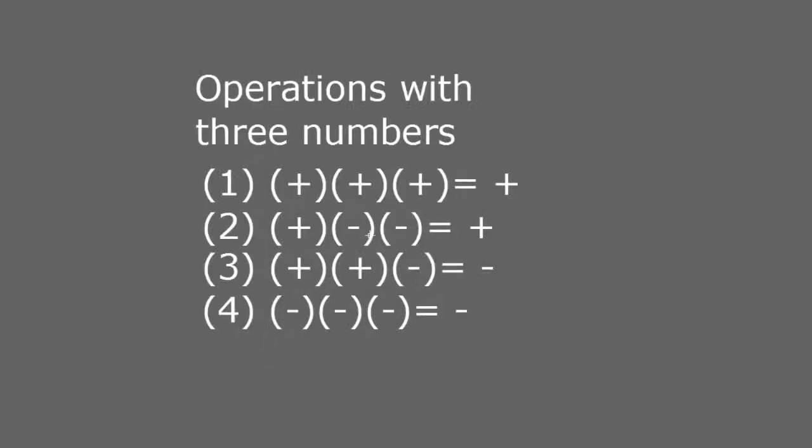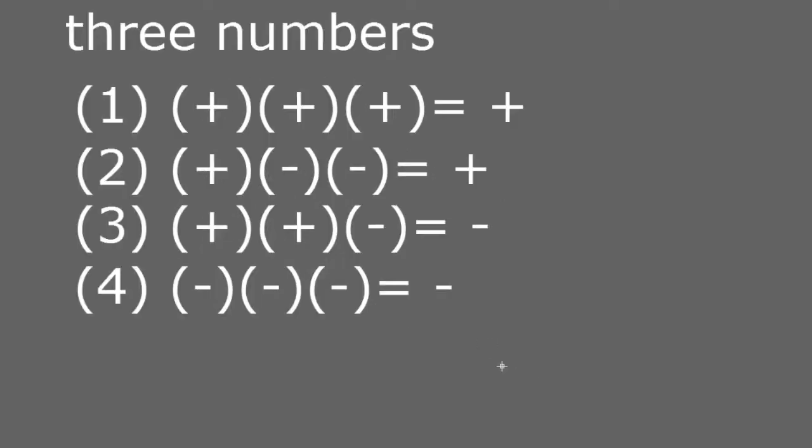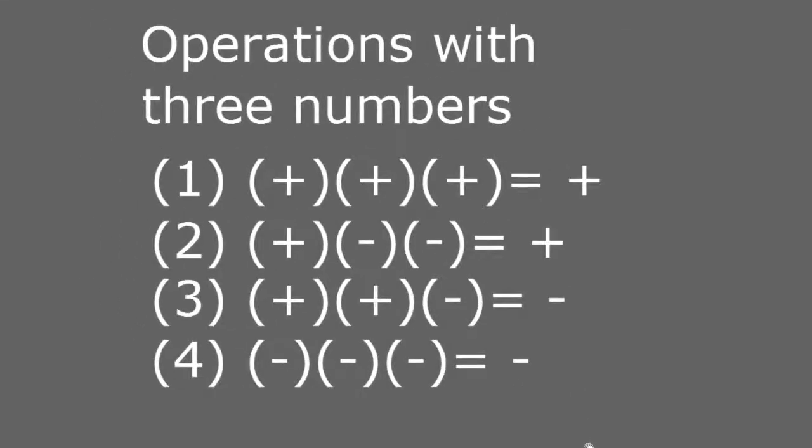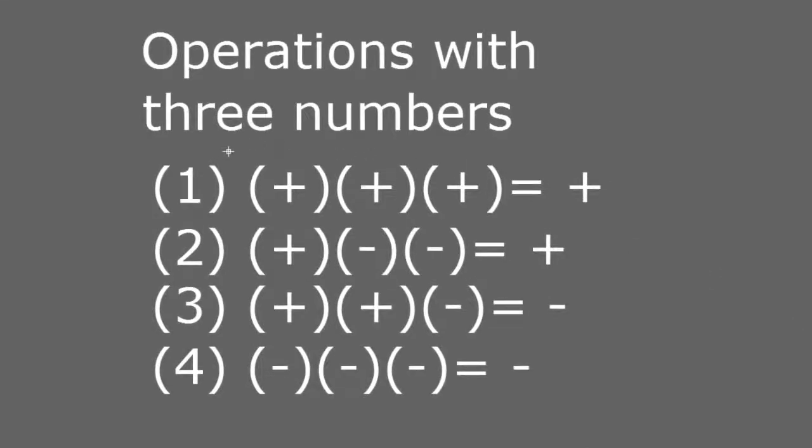So doing this, you can develop what the rules will be for multiplying three numbers or three variables. If all numbers are positive, you get a positive result. If all numbers are negative, you get a negative result. If you have two negatives and one positive, well, what happens?